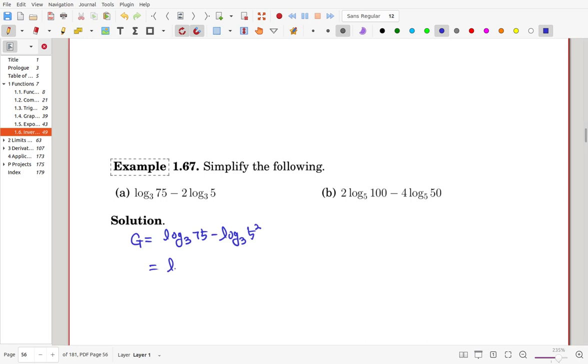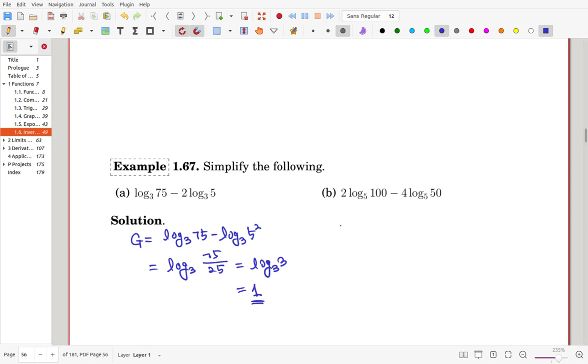So by using the quotient rule, log base 3 of 75 on the top and 25 on the bottom. The fraction is 3, so it can be written as log base 3 of 3. Earlier we already know that log base a of a is always 1, so this value is 1. That is the final answer for part a.